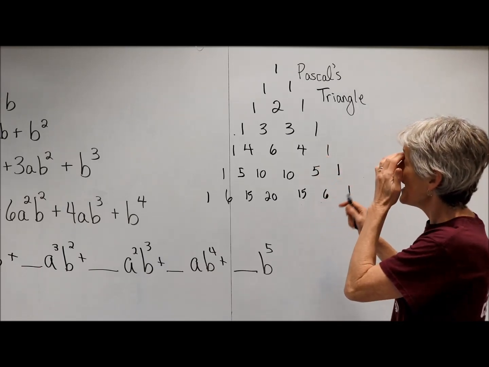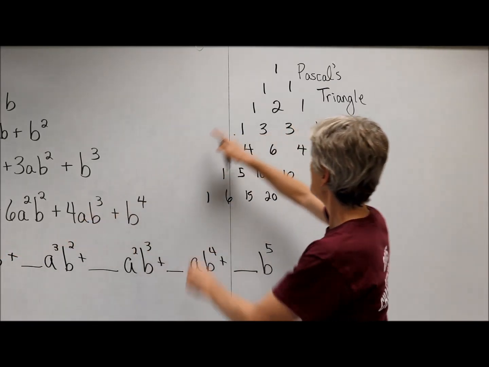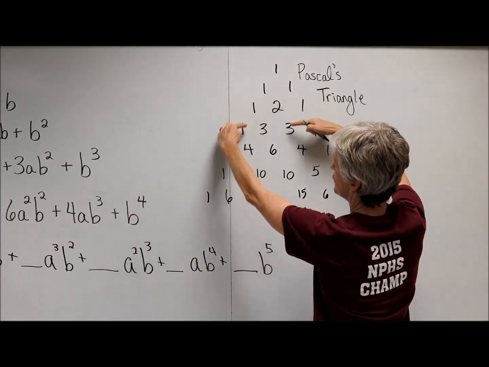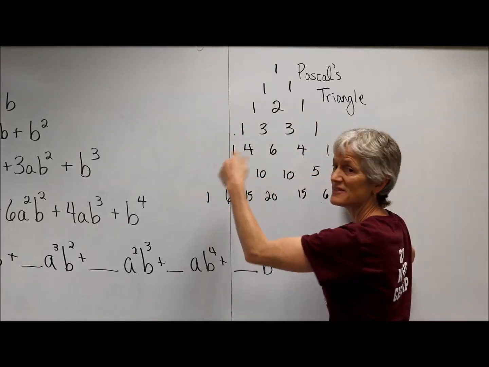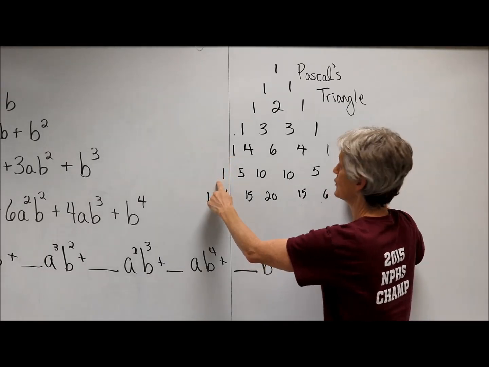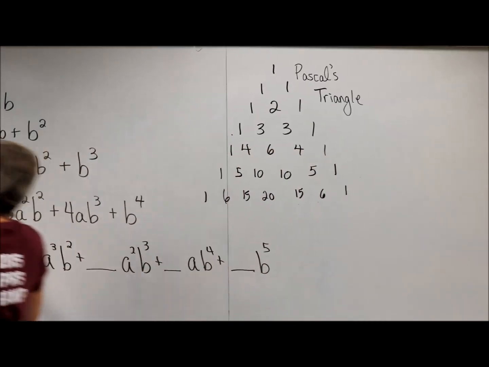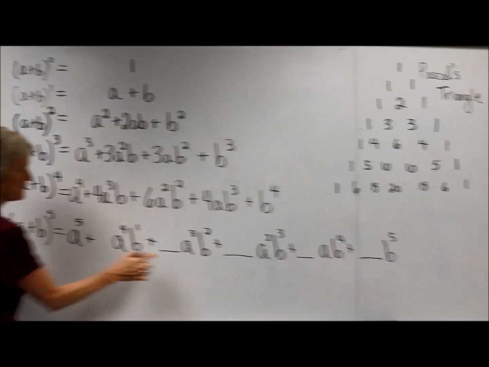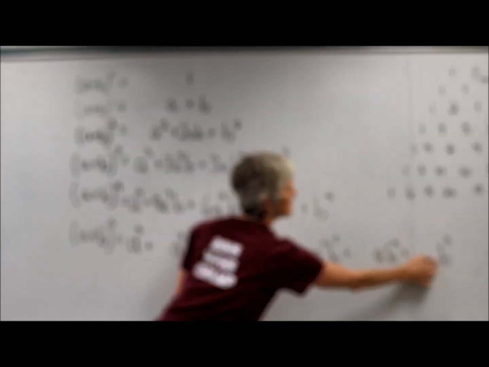Okay, so now, to find the coefficients for my a plus b to the 5th, I'm going to go to the row here with a 5 in it. I know this kind of seems like smoke and mirrors, but it's a cool pattern. And these are going to be my coefficients. Will you walk with me back here? Okay, so I'm going to put in those coefficients.